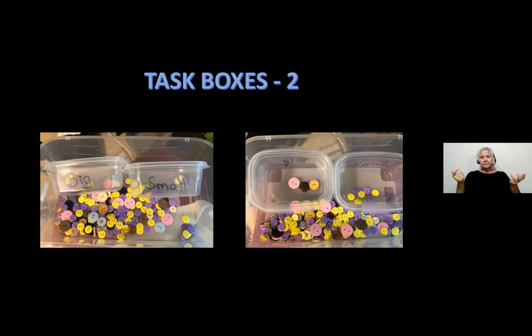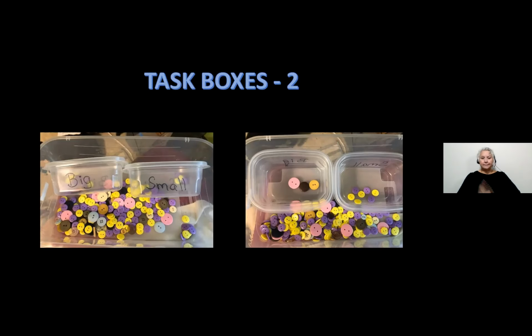Yes, it's a sort of buttons, but if you have small, medium, large, you're also talking about some vocabulary that can then be transferred to even the retail industry. So this is just a simple sort of small and large, but it can be easily modified however you want it.